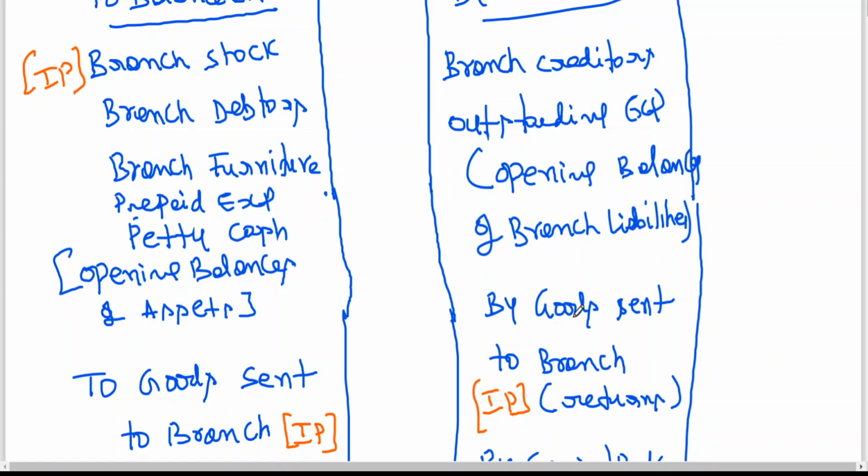Say I'm having a branch in Hyderabad. My head office is in Mumbai. I'm also having another branch in Warangal. Head office is supposed to send goods, but due to COVID I am unable to get sufficient stock from head office, whereas the Warangal branch is having a lot of stock. Then head office may advise the Warangal branch to send goods to me.